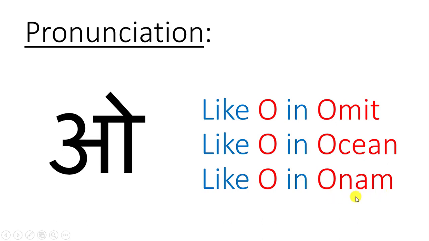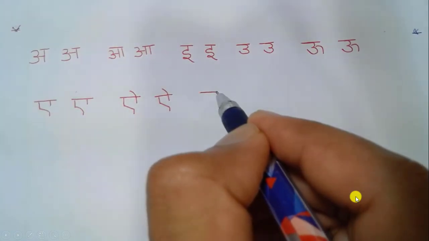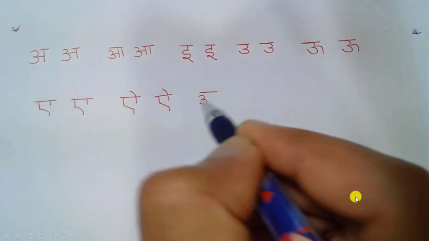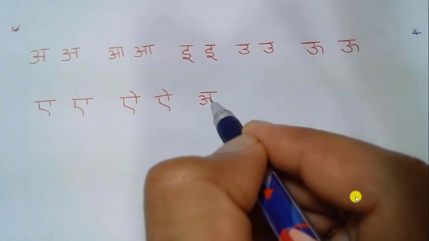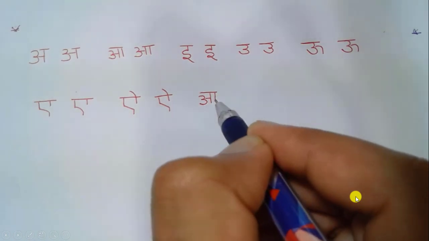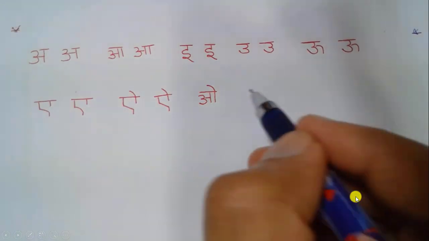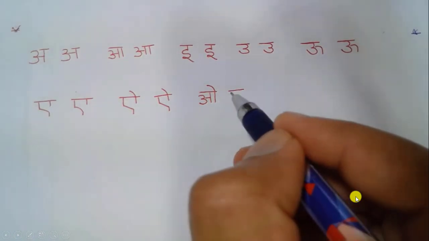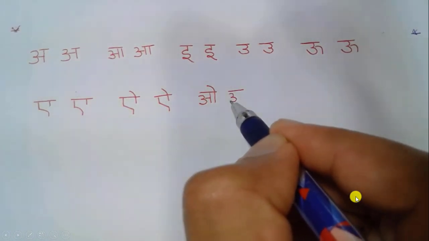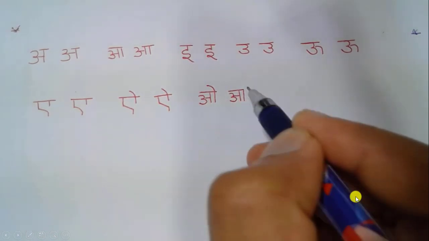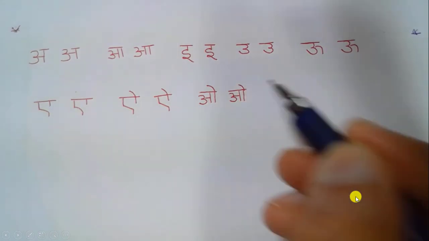Onam is a festival celebrated in Kerala. Okay, and we write o like this. All right. Once again.